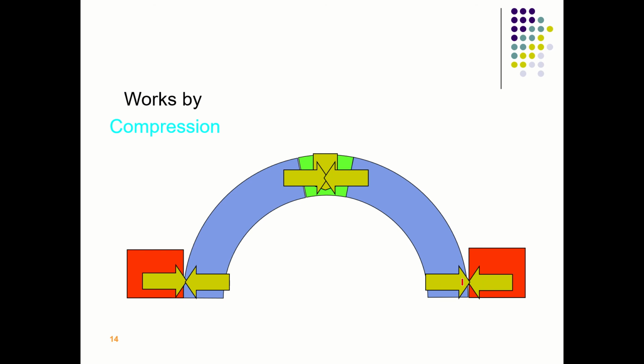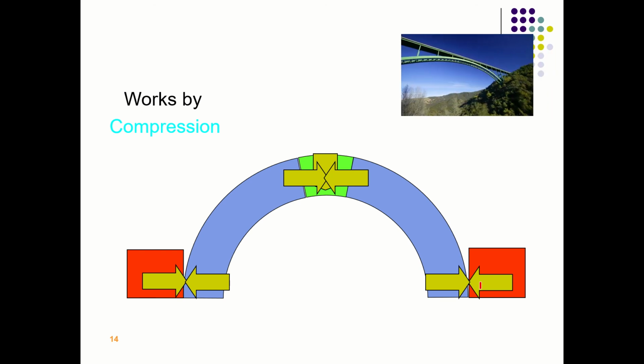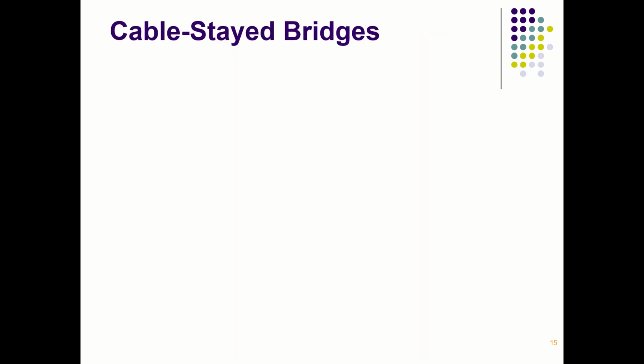Also the compression coming from the reaction from the arch and the reaction from the abutment. So these all compression phenomena are locking the arch and making it firm and stable. This is an example. Cold Spring Arch Bridge, Santa Barbara, CA. What is CA? California.